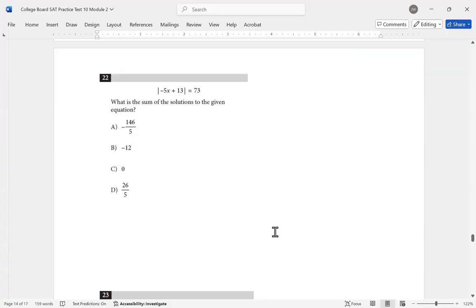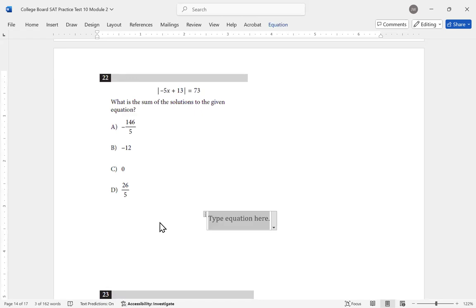Question 22. What is the sum of the solutions to the given equation? So we have the absolute value of negative 5x plus 13 is equal to 73.